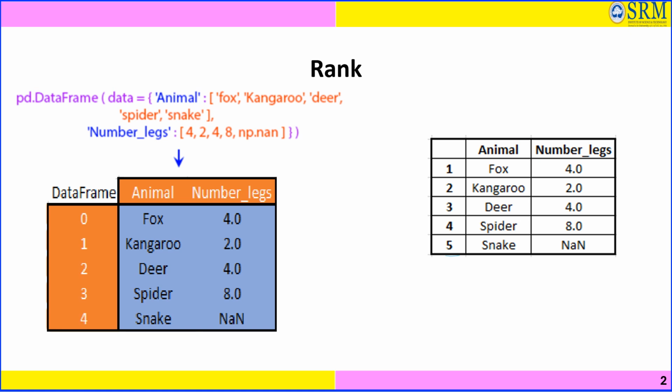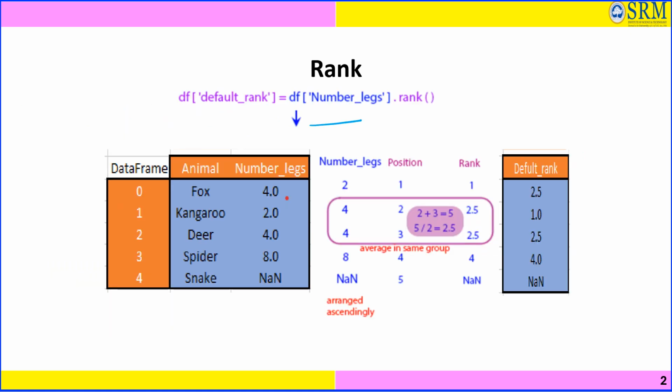Next, we'll see the rank. First see the code. Here the animal names are there, and this is one example for ranking. Here I'm going to use the rank function on the number of legs. As already discussed in the syntax, the method should be average, because you have to consider only the number of legs. First you have to sort it.